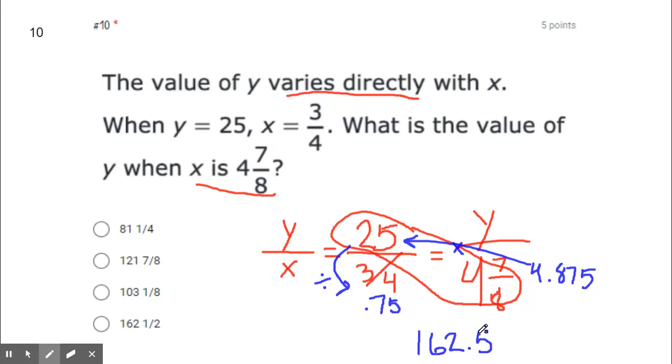Which, if I look at my answer choices, there's only one that's going to work, and one half is the same thing as 50 cents or 0.5, so this one is going to match, and that's my correct answer on number 10.